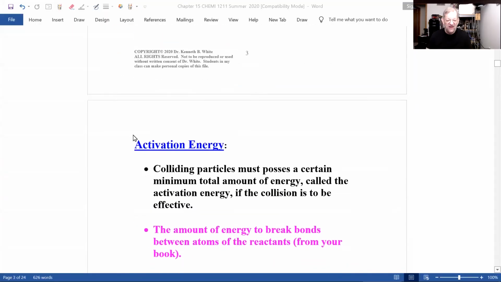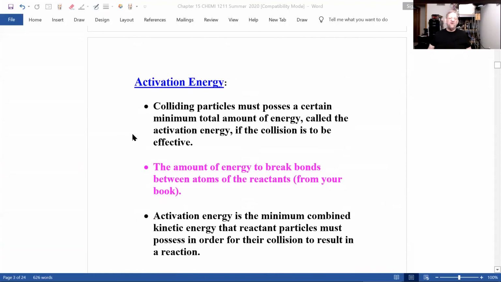The next thing is they have to have what's called enough activation energy. Know this: colliding particles must possess a minimum amount of energy, called the activation energy, if the collision is to be effective.